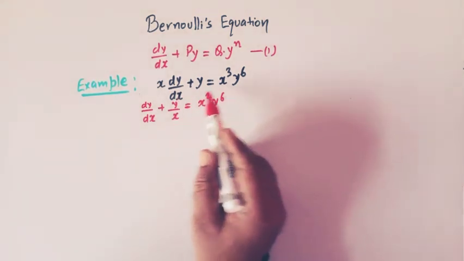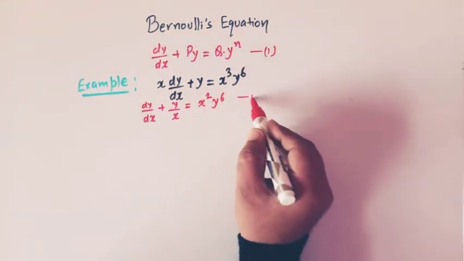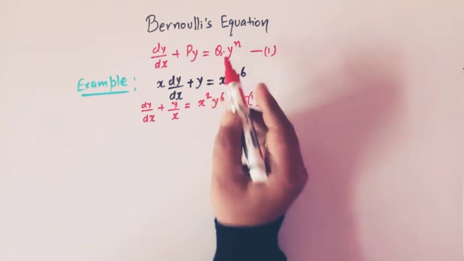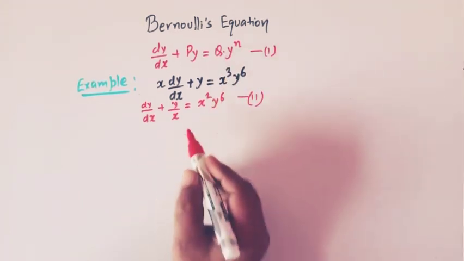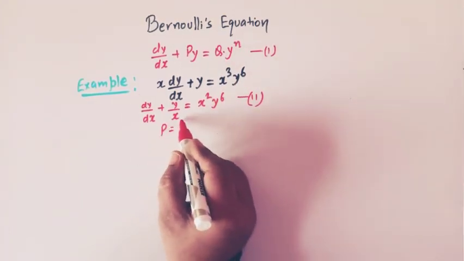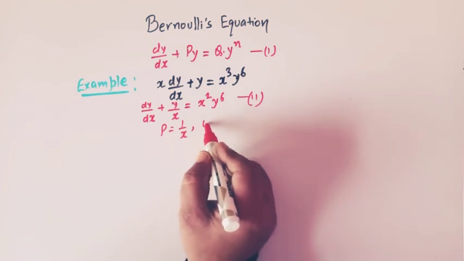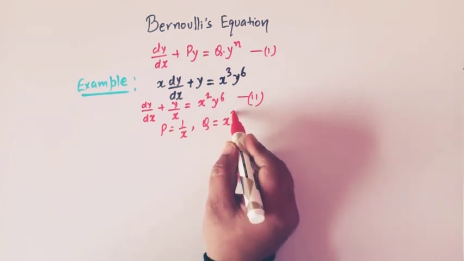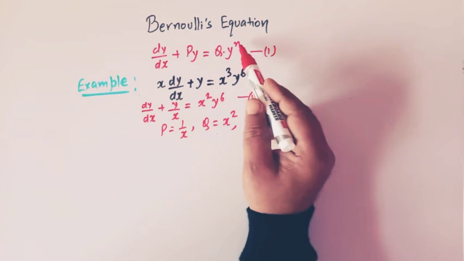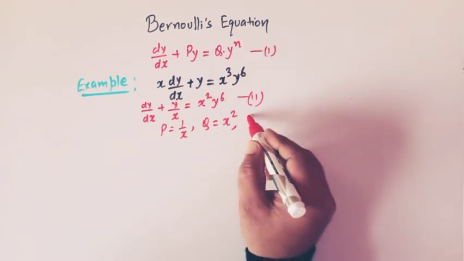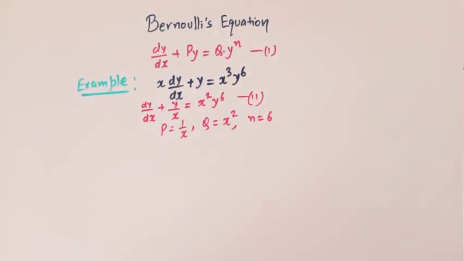Now if we compare equation 2 with equation 1, we see that p is equal to 1 over x and q is equal to x squared, and the value of n is 6, right?